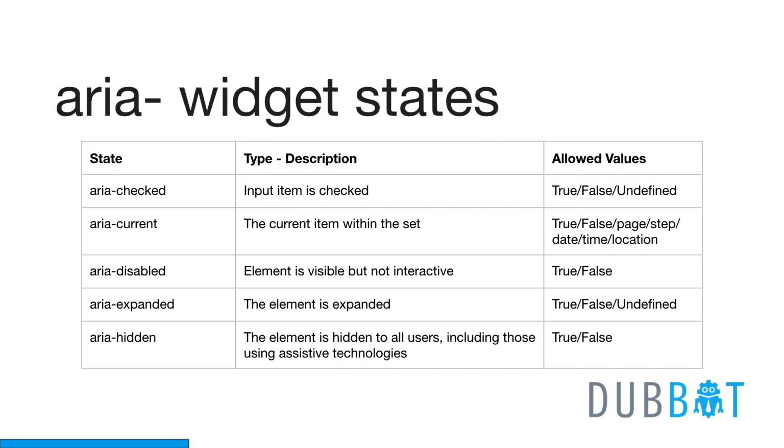So these are our different widget states that I have all 8 documented. I just have the first 5 here. But ARIA checked. So this would be if you're using an unconventional item for a form.